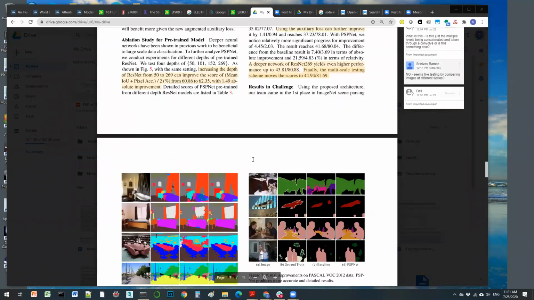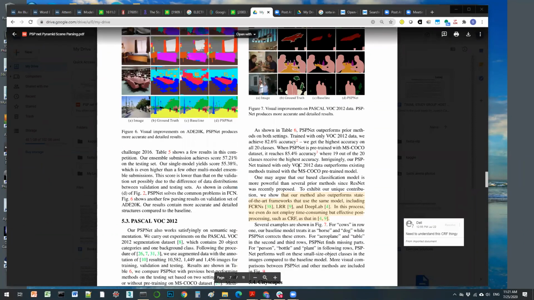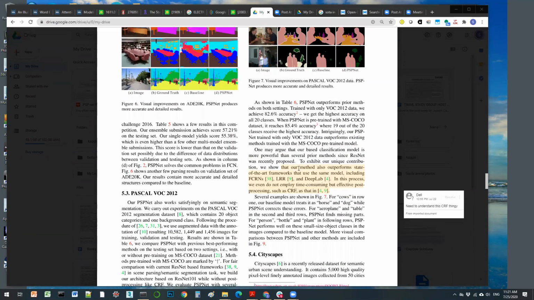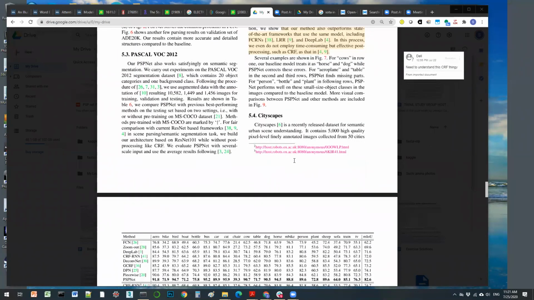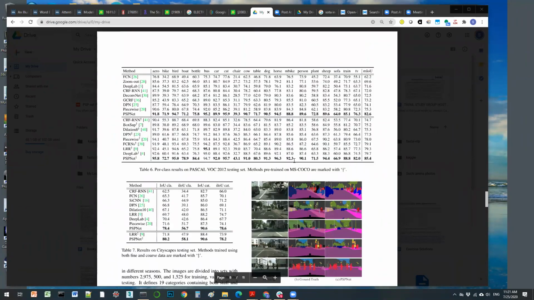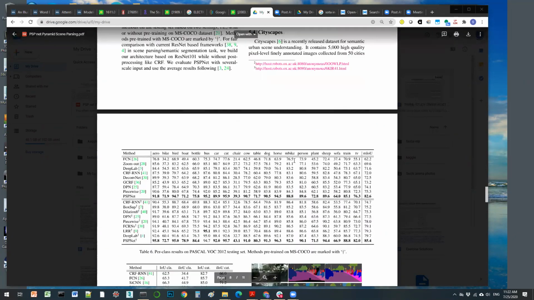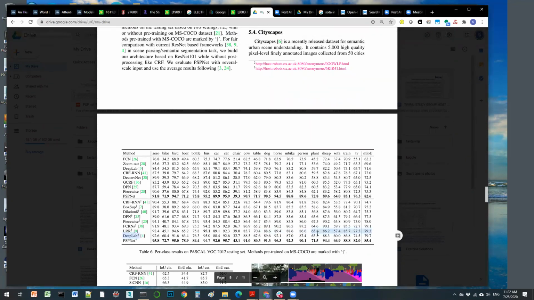So they use Pascal VOC 2012, which is something that I've seen Jeremy also use in the object detection thing. Right. And then there's some scene parsing ADE. Cityscapes is another one. Right. Yeah, Cityscapes is the other one. Let's check that also. And they get, even compared to the base DeepLab network, better results.